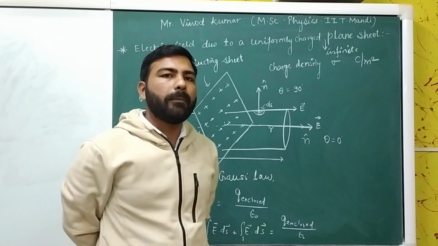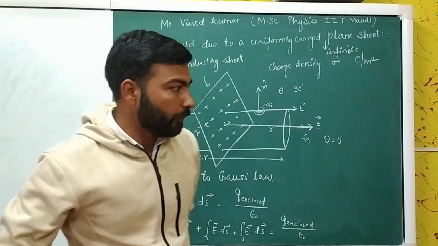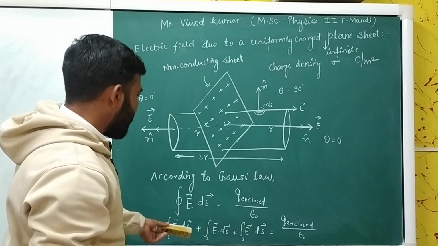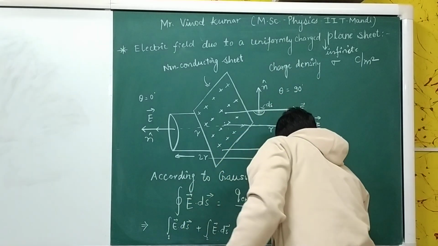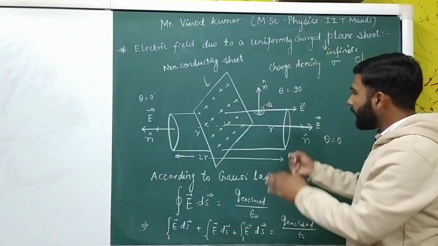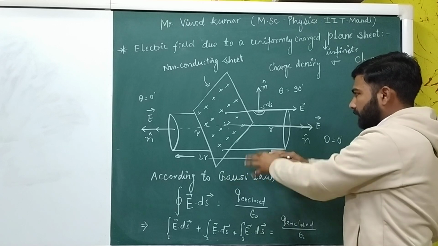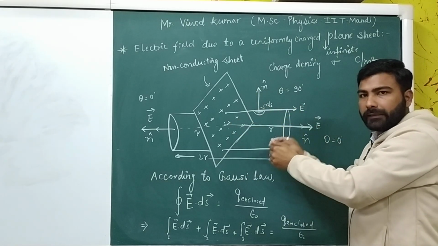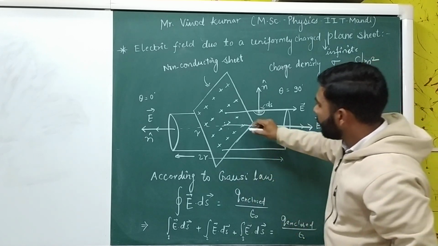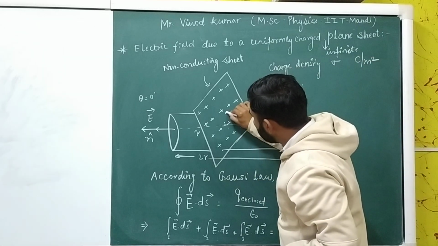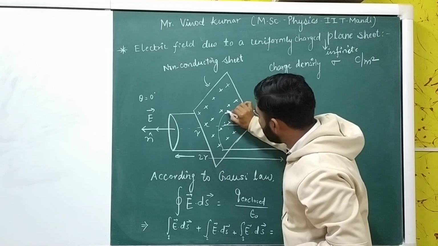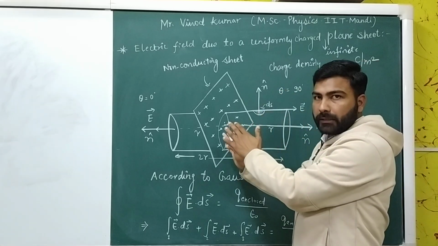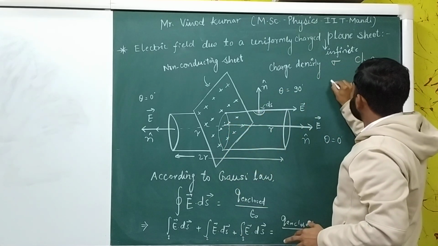Here epsilon naught is the permittivity of free space, or vacuum. Now, what is Q enclosed here? Q enclosed is the charge enclosed in the Gaussian surface. It will be due to this particular area, which is enclosing the charge.